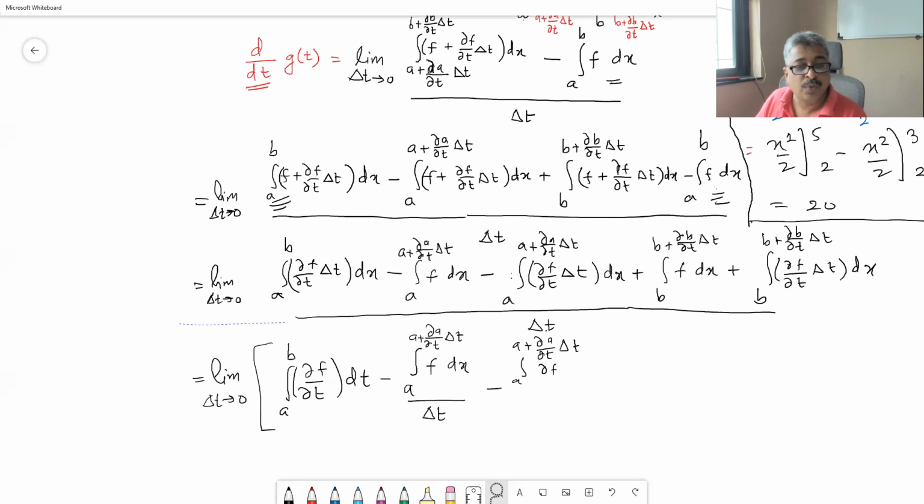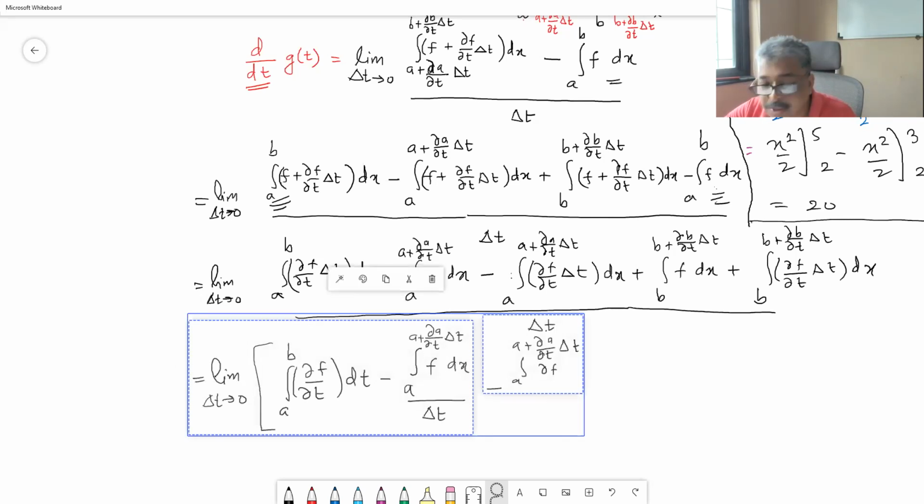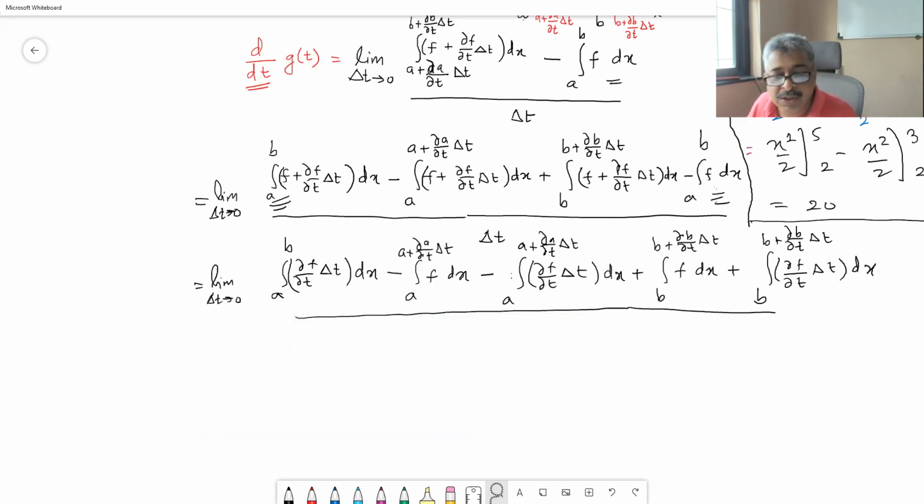Okay, so there is no point in writing the same thing again. Now let us orally do this. There is a delta t here in the denominator. Now this divided by delta t, this delta t is constant, which will come out and will get cancelled, and therefore you are getting a term which is independent of delta t, and you are supposed to take delta t tends to 0. Therefore that term will survive: integral a to b del f by del t into dx.